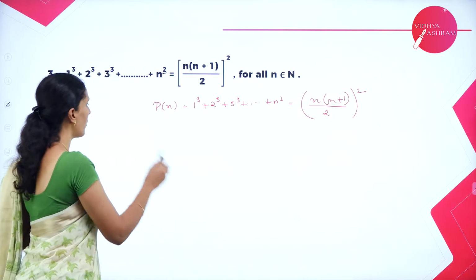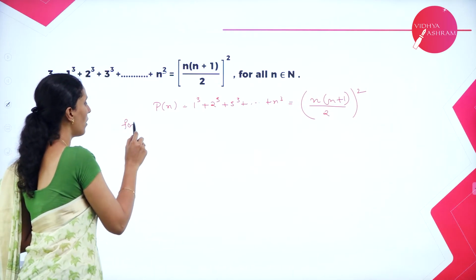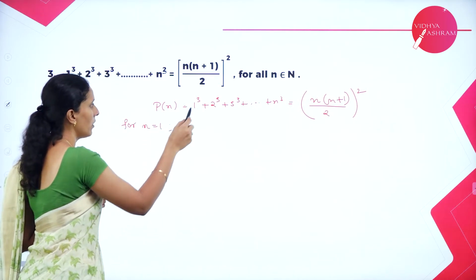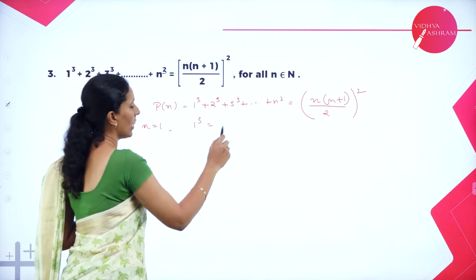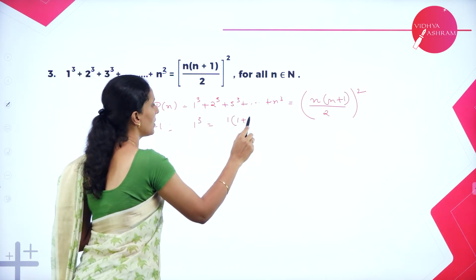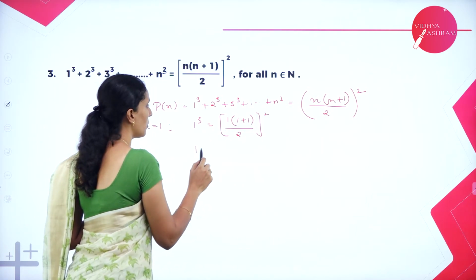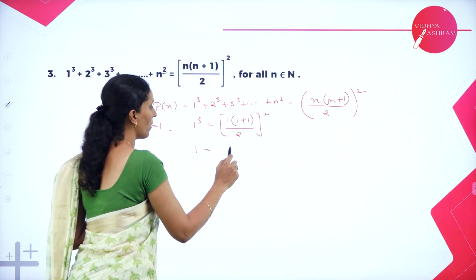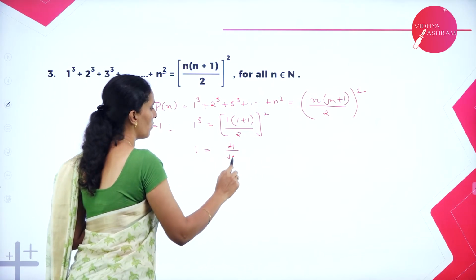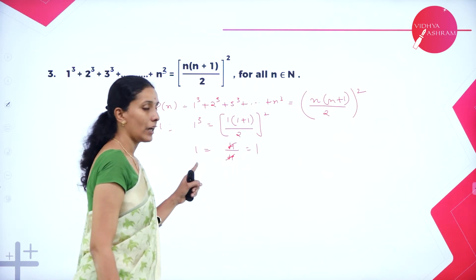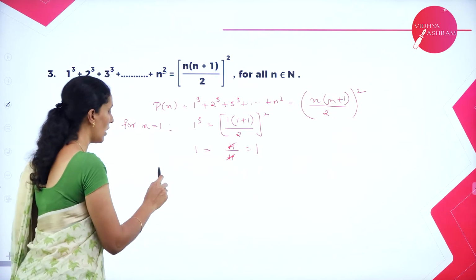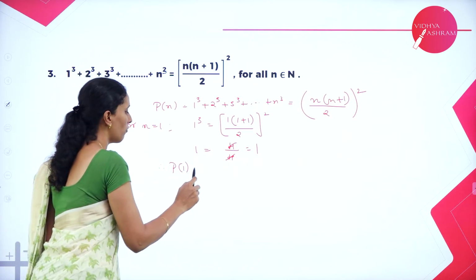So let's see now for n is equal to 1. For n is equal to 1, we have 1 cube. There you have 1 into 1 plus 1 divided by 2 whole square. So 1 cube is 1, and 1 plus 1 is 2, 2 square is 4, so 4 cancels. So we get 1 is equal to 1. Therefore, P of 1 is true.